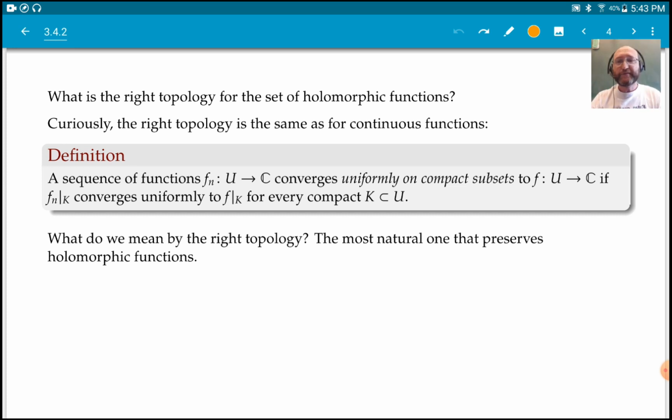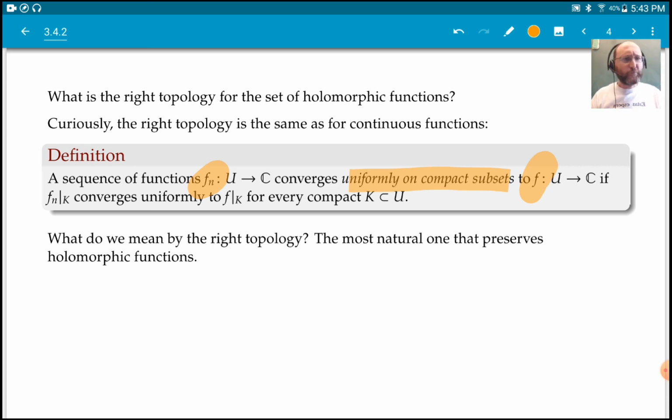So if our space of functions is, for example, the holomorphic functions, so all the f sub n's are holomorphic, then if this sequence converges to some f uniformly on compact subsets, we'd want f to be holomorphic. We don't want to go out of our space, right? That's one of the most basic requirements.